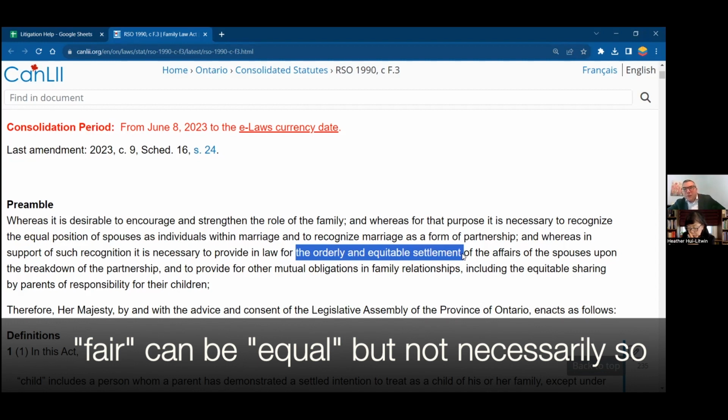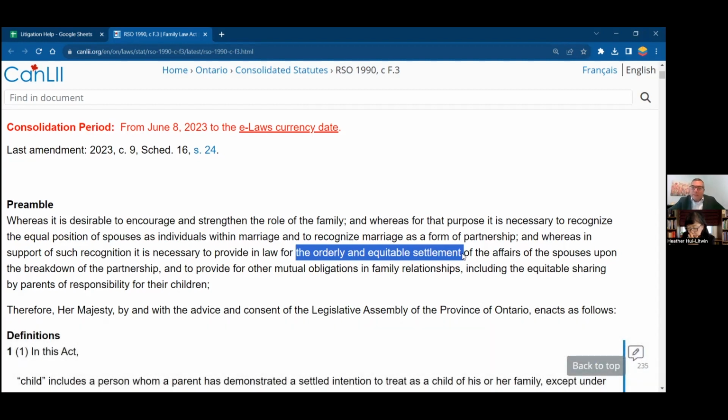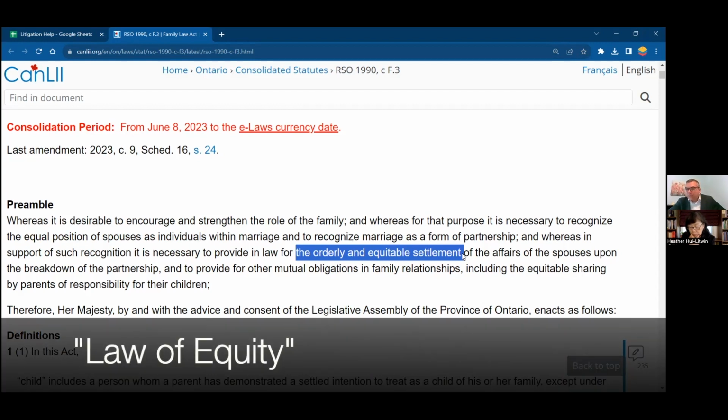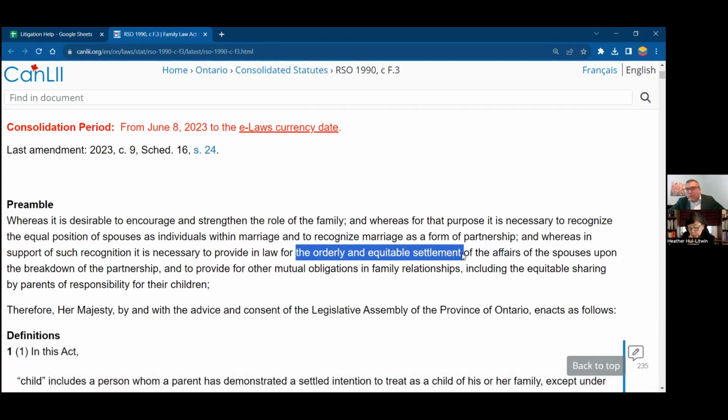Equitable also goes back, and we had another video talking about unmarried spouses where there is a default law that is based on the principles of old law of equity. And the Family Law Act, which deals with married couples, is building on that equitable law. It's not necessarily replacing it, it's building on top of it.